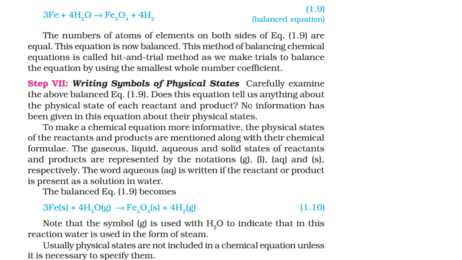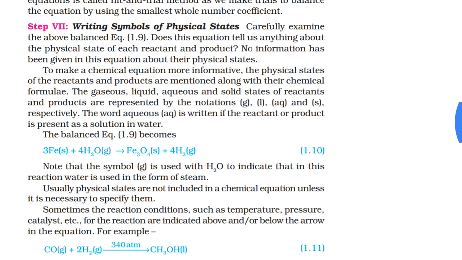To make a chemical equation more informative, the physical states of reactants and products are mentioned along with their chemical formulae. The gaseous, liquid, aqueous and solid states are represented by the notations (g), (l), (aq) and (s) respectively. The word aqueous is written if the reactant or product is present as a solution in water.